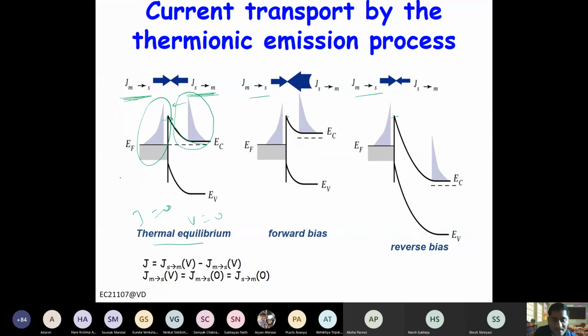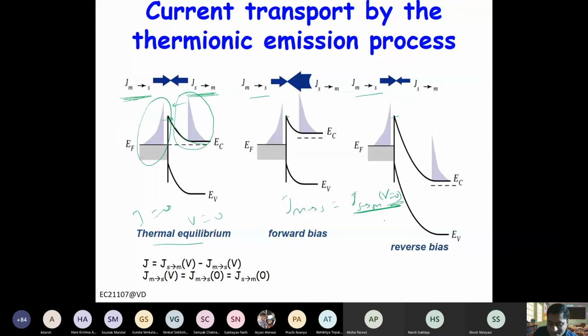So we can say that J metal to semiconductor is the same as J semiconductor to metal at V equal to 0. So what we have to do is calculate the expression for the semiconductor-to-metal current as a function of voltage and subtract the semiconductor-to-metal current at V equal to 0.